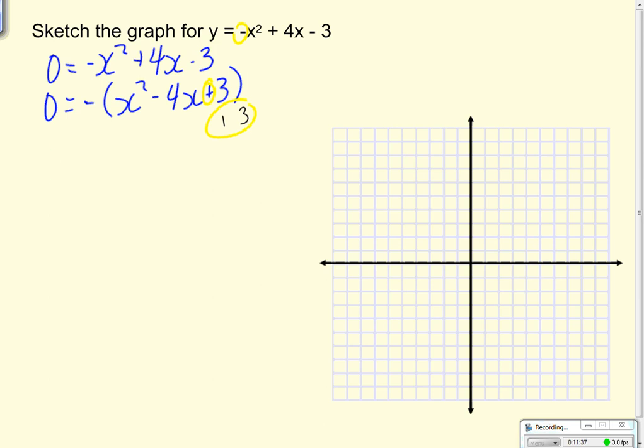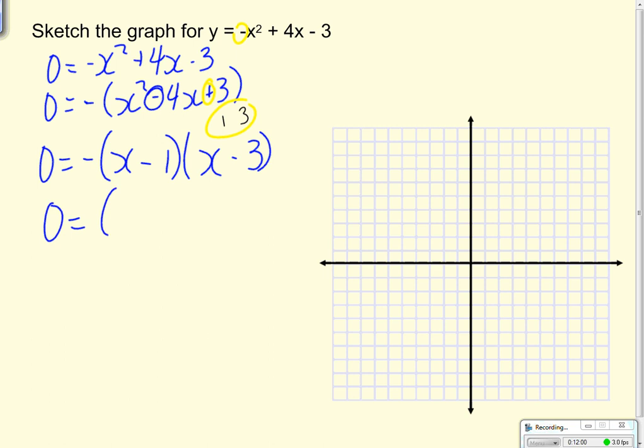So I've got 0 equals negative x with a 1, and then x with a 3. Because that's a negative plus, we're going to use 2 of those, so it's minus in both of those. Now I can just multiply my negative sign into either one of these. It doesn't make any real difference which one you choose. I'll do it through the first one. So I have 0 equals negative x plus 1 and x minus 3.